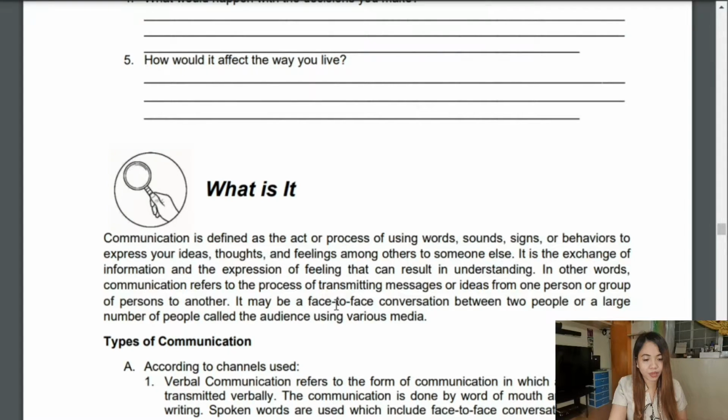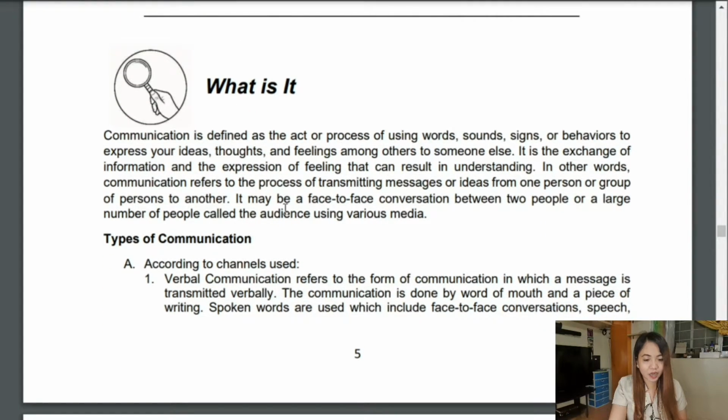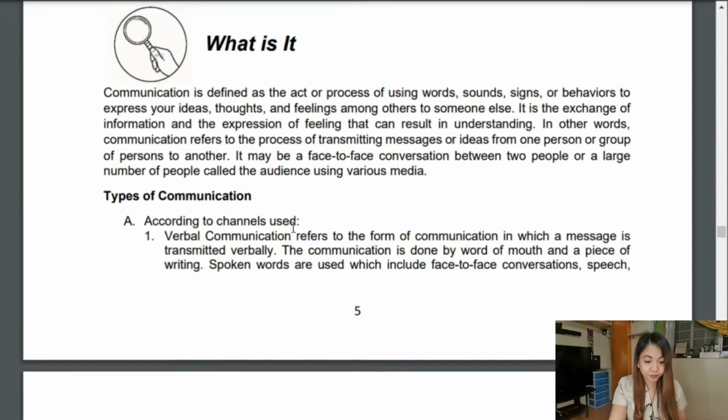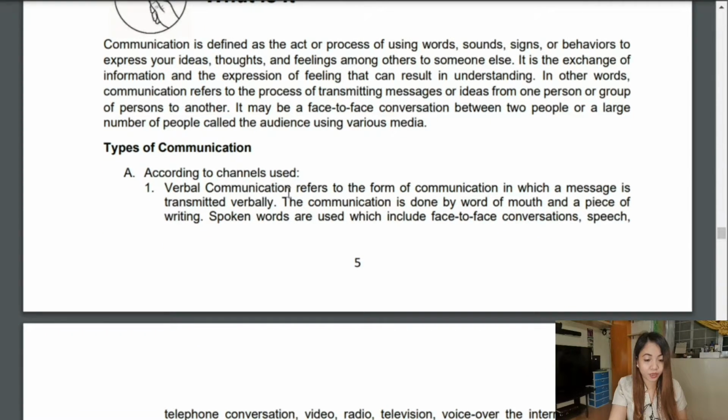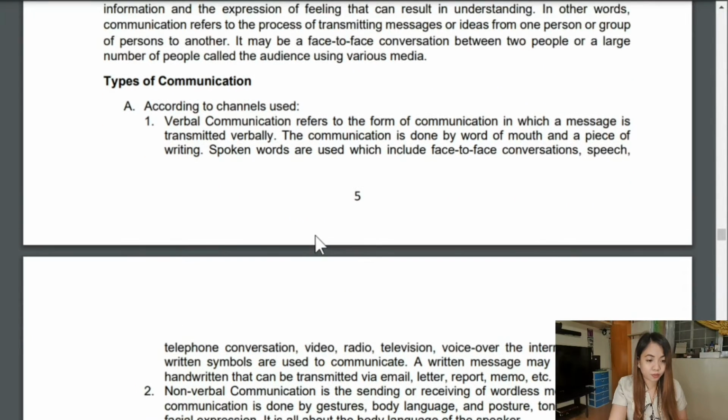Okay, next one, we have what is it? For what is it, this is actually the first topic. It will discuss communication and the types of communication, which are already here: verbal communication and non-verbal communication.